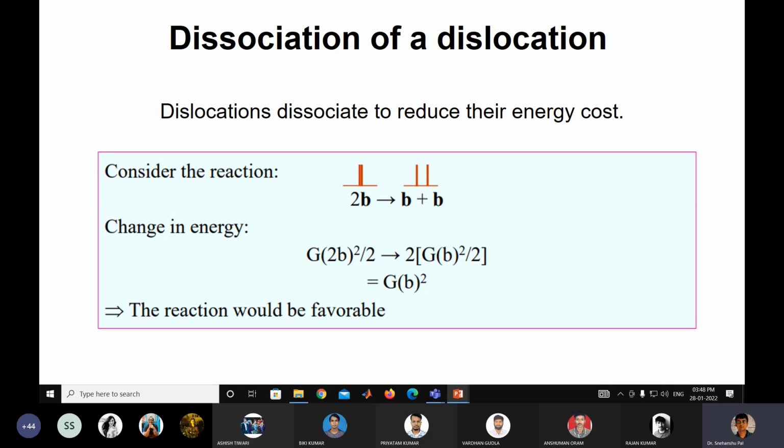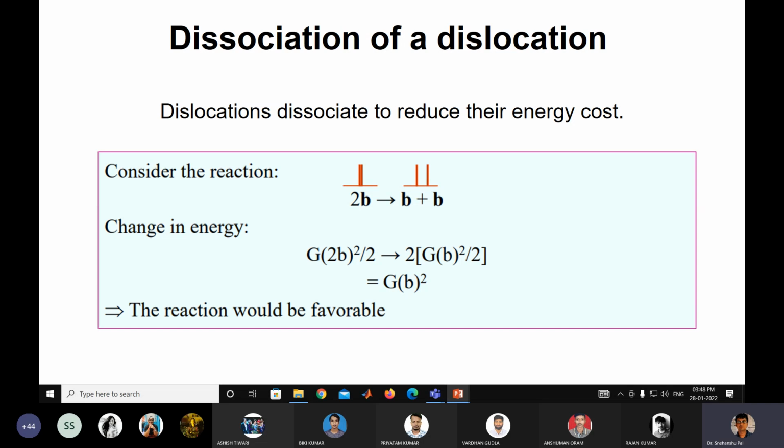Now, if you want to understand dissociation of a dislocation, then you have to understand how to minimize the dislocation presence in such a way that the energy of the system will be reduced. So dislocations dissociate to reduce their energy cost, meaning the energy associated with them, they want to reduce that.